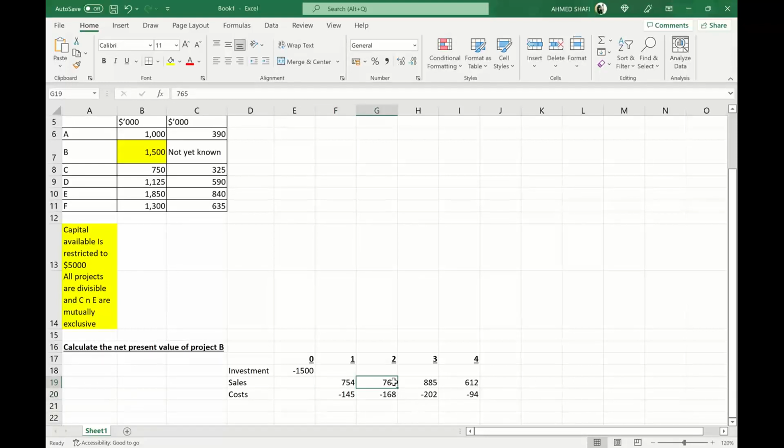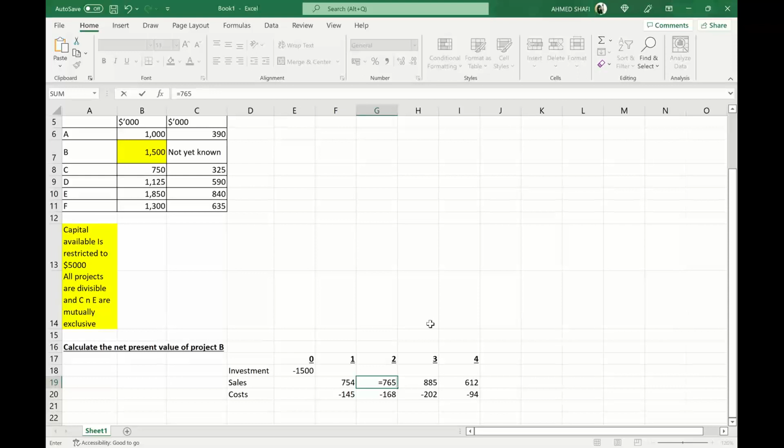Similarly, year 2 figure is 765. Pay attention to the working piece. It's before taking account of inflation, but now it's the year 2 figure.